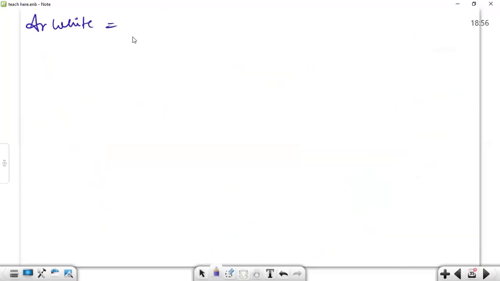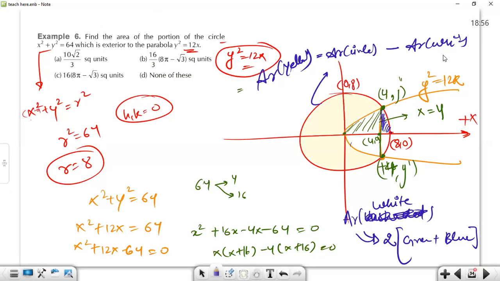So 2 into the area of green. For the area of green, the curve is the parabola y square equals 12x. So the curve will become y equals square root of 12x. Now this function is in terms of x.